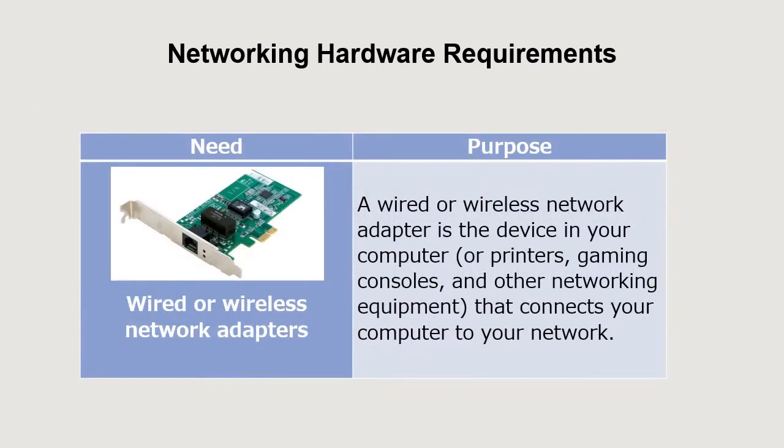Next, we have the wired or wireless network adapters. In our picture, we have here a wired network adapter, or others also call this LAN. A wired or wireless network adapter is the device in your computer, like for example, printers, gaming consoles, and other networking equipment that connects computers to your network.